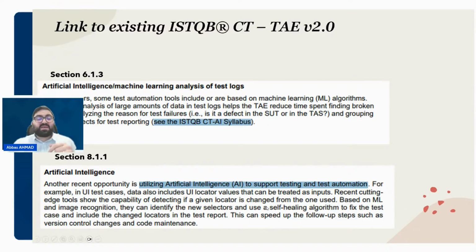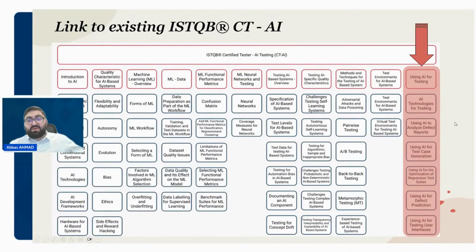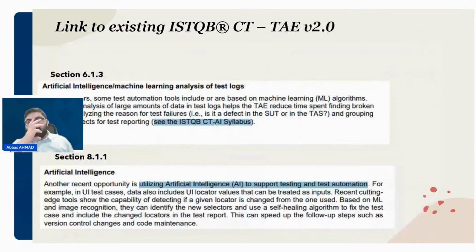And this link, in section 6.1.3 of the latest Test Automation Engineer syllabus, makes a link to chapter 11 of the CT-AI, on using AI for testing. That's the link, and we want to expand on that.